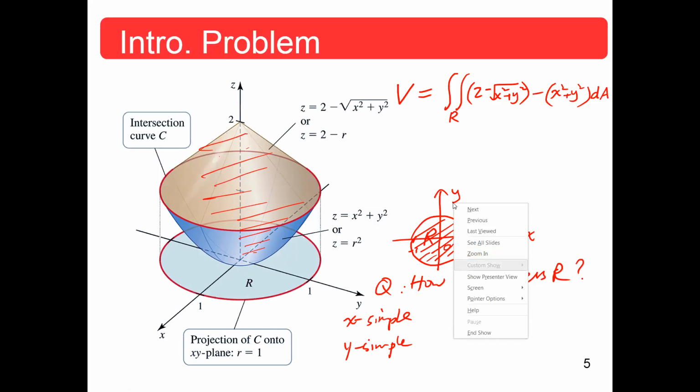Suppose I change the color to green. Suppose I do y simple, then you can sketch an arrow going from bottom to top. We're going to describe the first y it encounters and then the second y it encounters.